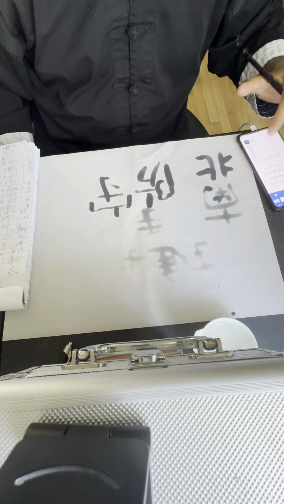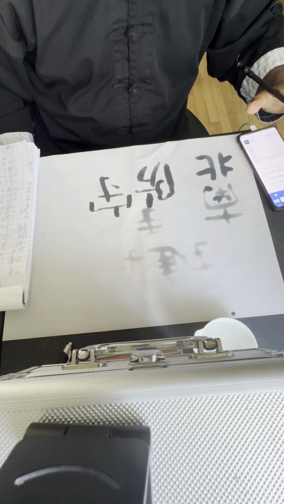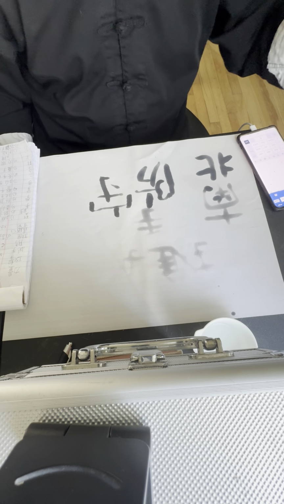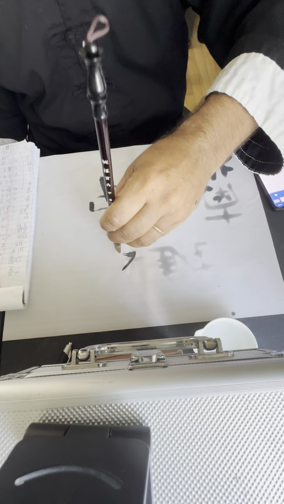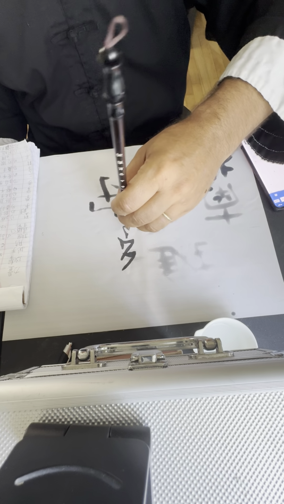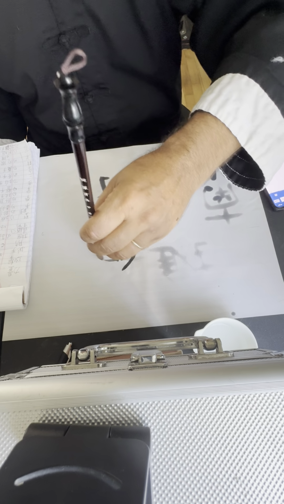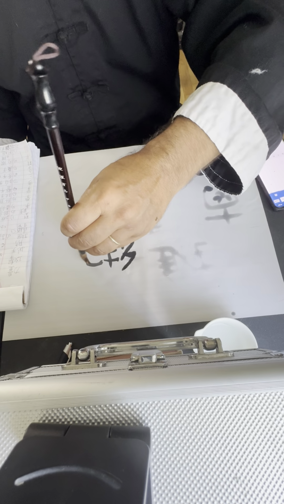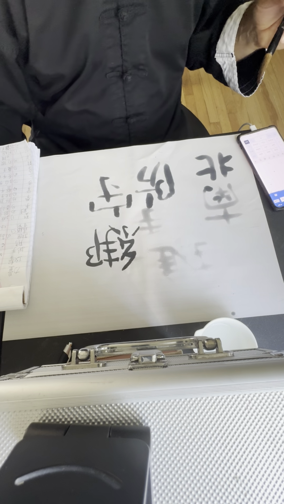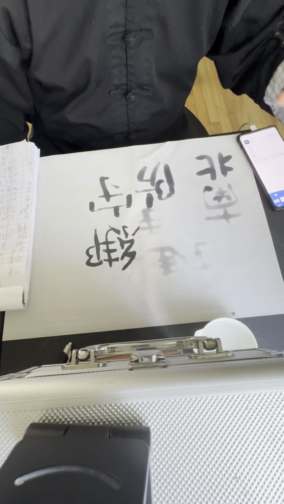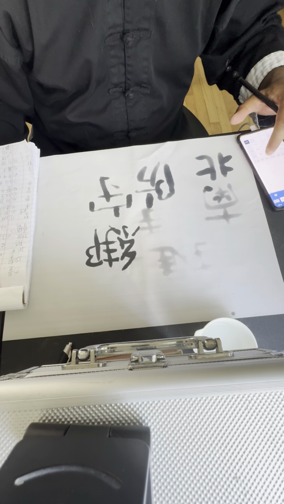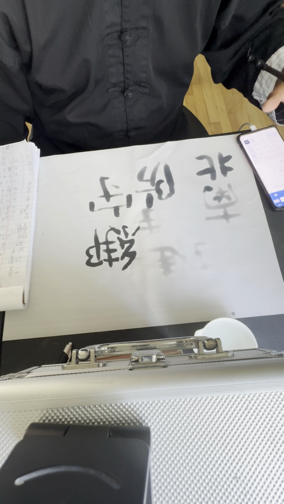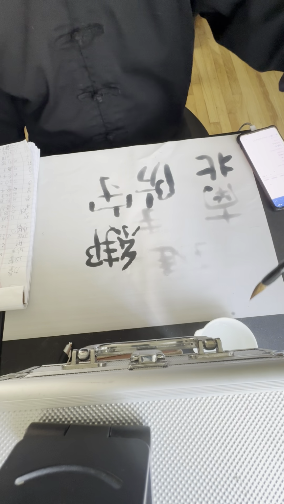But there's another way to write this, which is more common, which is this way. Okay, bang. But an even better way is another character which I was looking for, and now I found it, which means the upper arm.